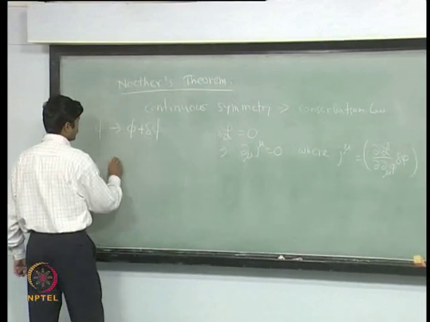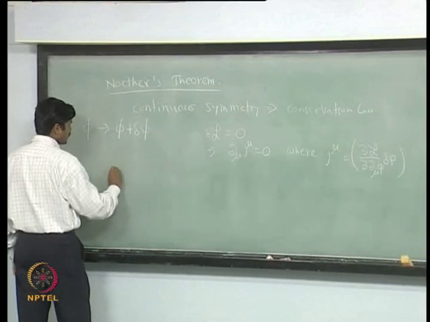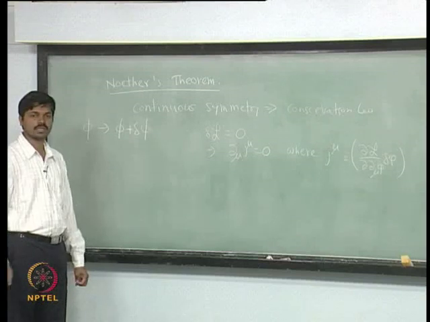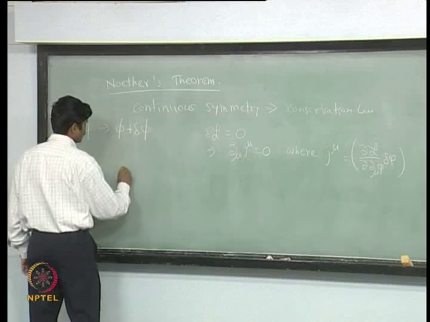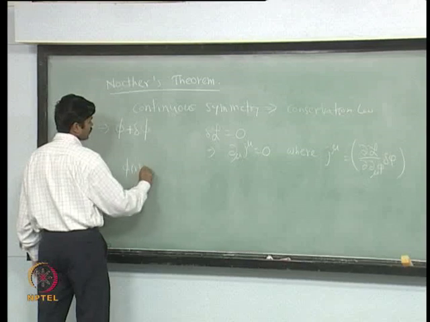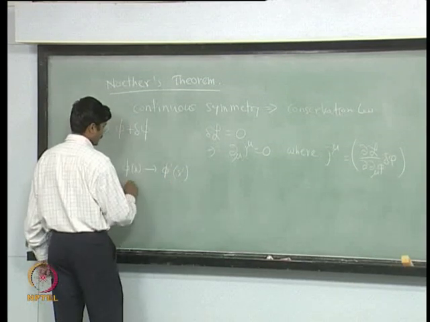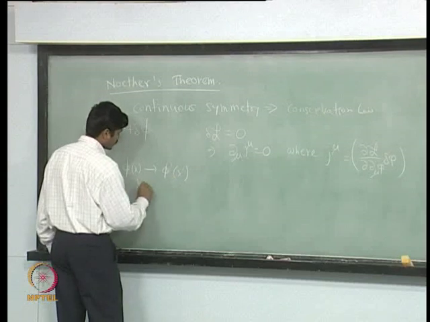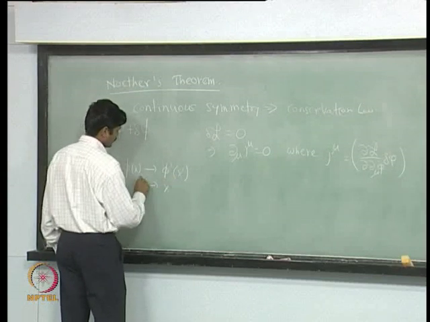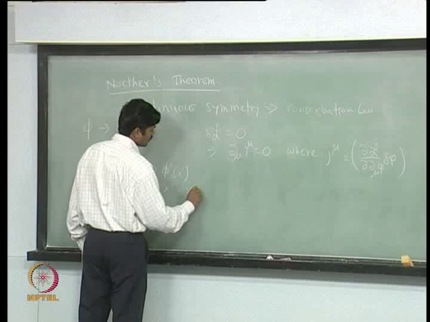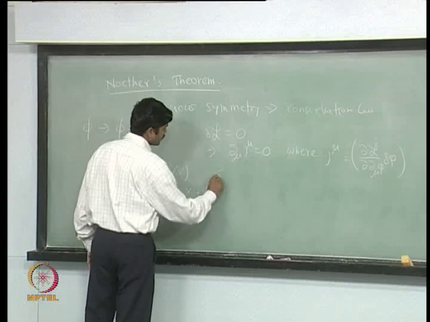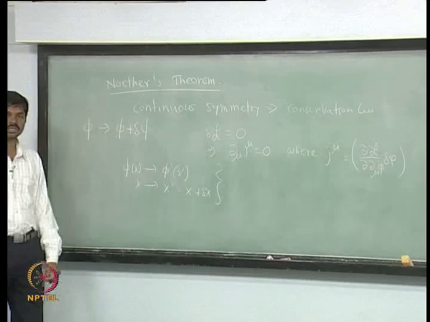If you consider a more general symmetry transformation, where the field phi of x goes to phi prime of x prime and the coordinate x goes to x prime, which is x plus delta x, then you have to be a bit more careful.